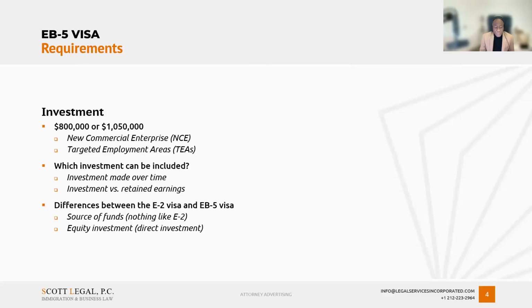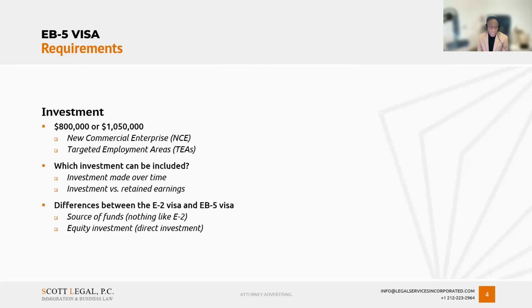And the difference between the two, the $800,000 or the $1,050,000, is really going to depend on whether or not you're investing in a targeted employment area. That is an area where the unemployment rate is 1.5 times the national average, or a rural area. If it's not a rural area or a targeted employment area, then you're going to be required to invest the $1,050,000.